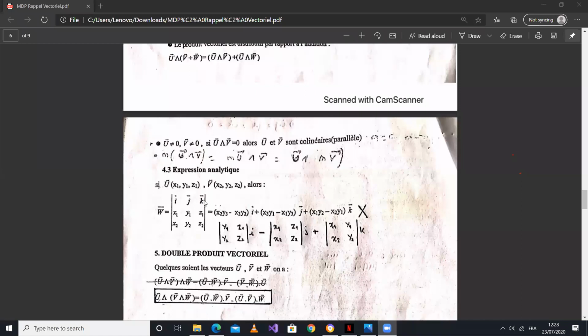You come to the K again. You put your finger on the K and eliminate the row and the column in which the K belongs. So we remove the first row and the last column, and we are left with X1, Y1, X2, and Y2. We extract this 2 by 2 matrix and multiply it by K to show that it was the K that helped us eliminate it.